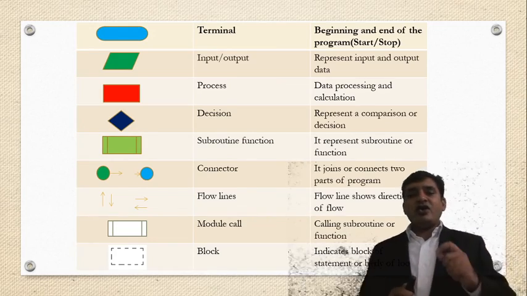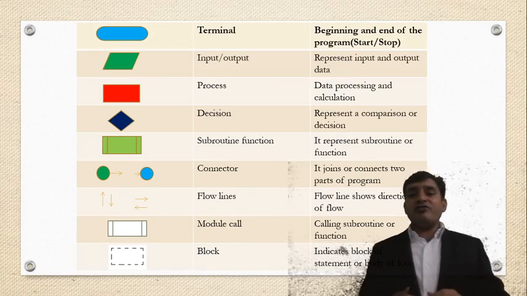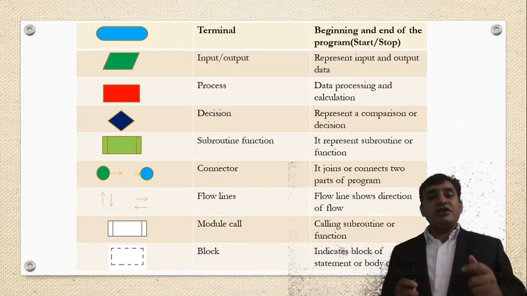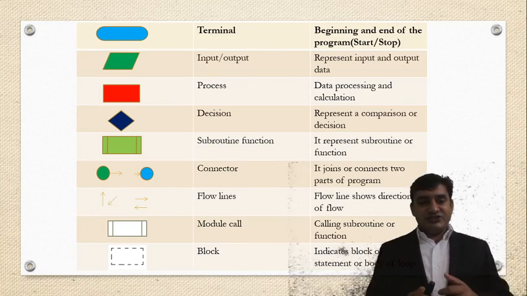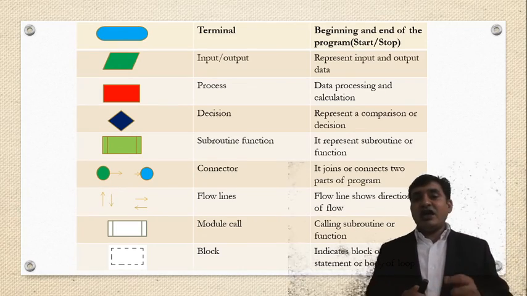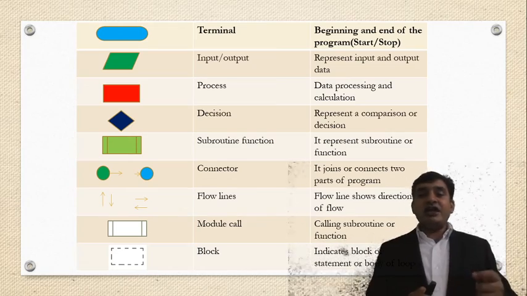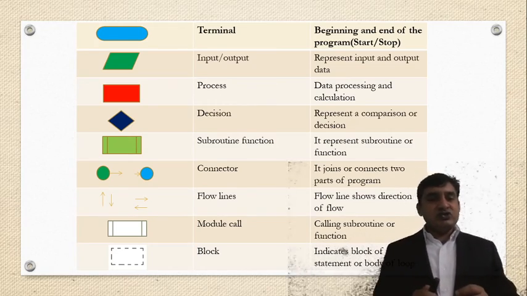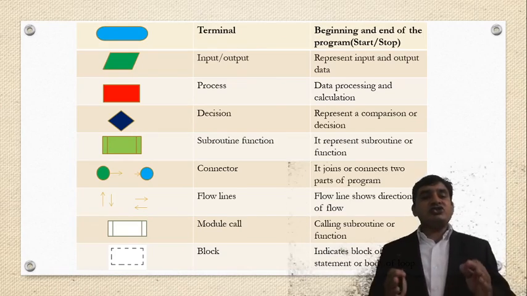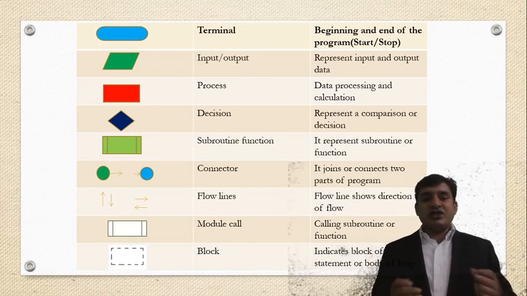It joins or connects two parts of a program or flowchart. Then the flow lines. Flow lines show the direction of flow, or simply they are used to join two shapes in a flowchart.